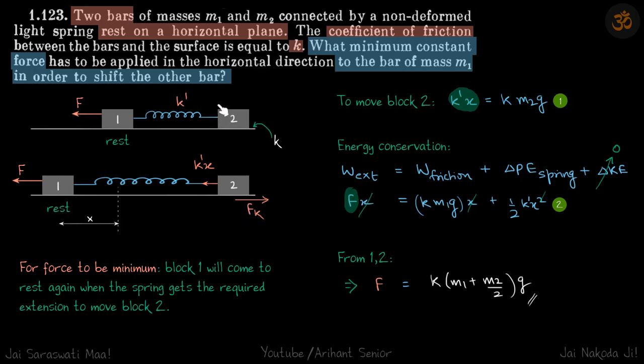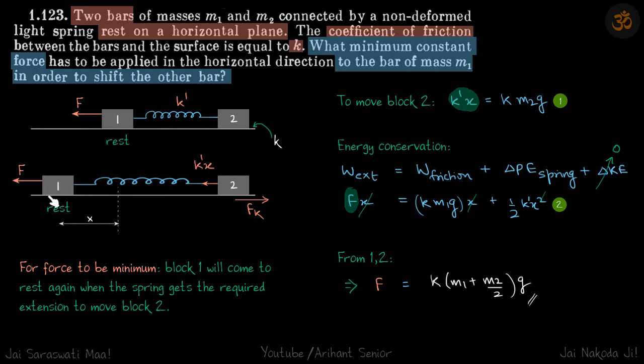It starts from rest and eventually comes to rest. Now instead of a wall we have mass 2, but the same situation applies. So when it eventually comes back to rest, that is the minimum force.